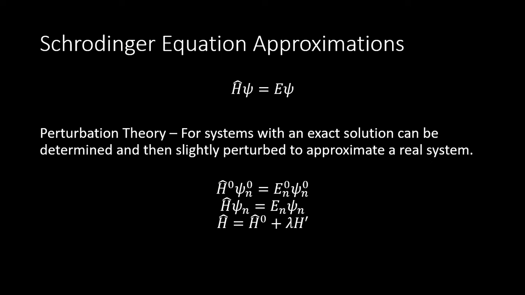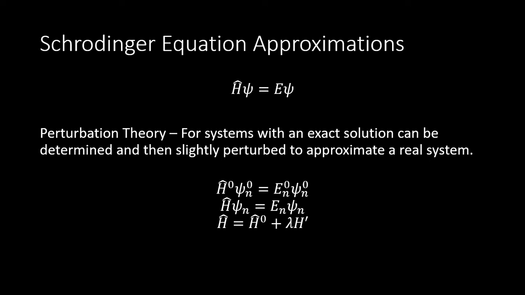One that's used best is perturbation theory, which is excellent for when an exact solution of the Schrodinger equation can be obtained, and that exact solution will be just slightly off from the real system that is being studied. Therefore, that exact solution will just need a little slight perturbation to best approximate the real solution.